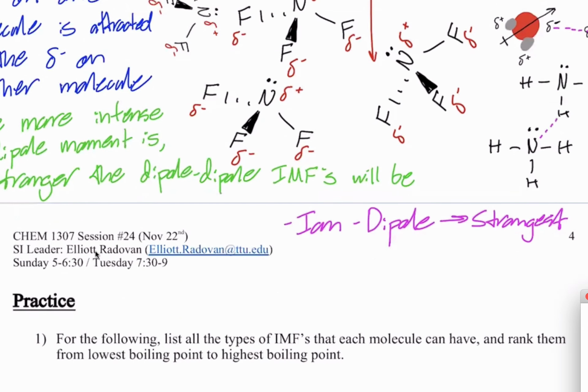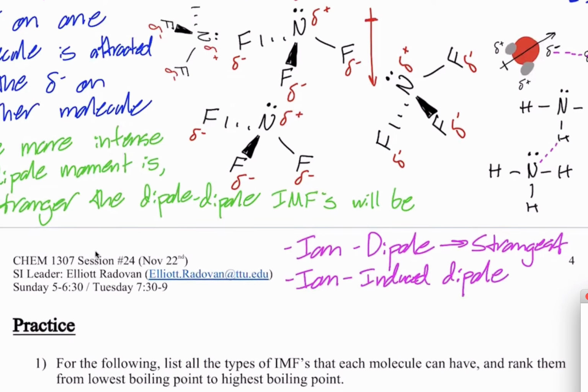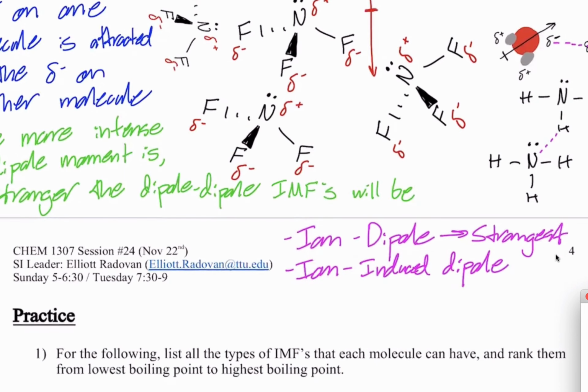The next one we have is called ion-induced dipole. With ion-induced dipole, basically we have some kind of nonpolar molecule here. This molecule is nonpolar.